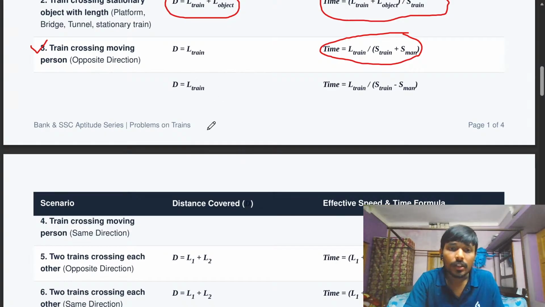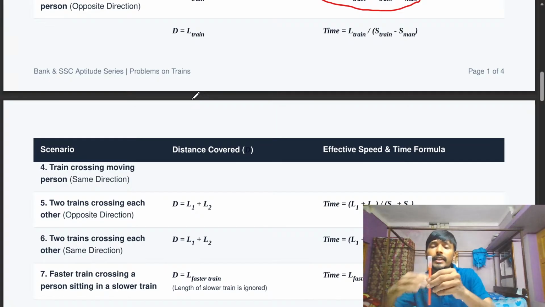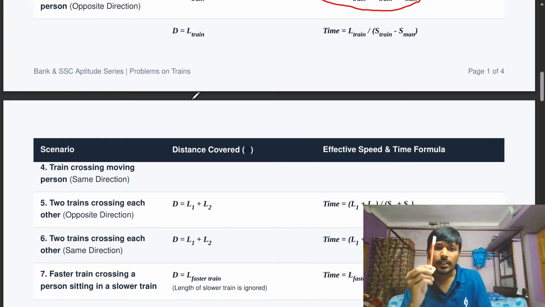then the formula. Distance covered equals the length of the train, because the length of the person is very small and negligible, so we have to avoid it.